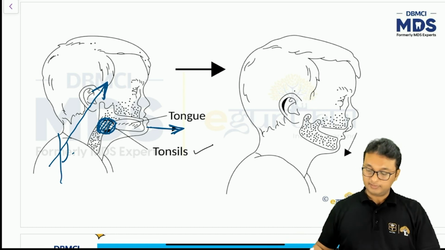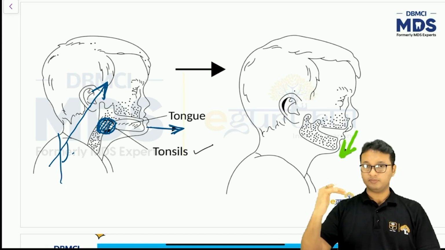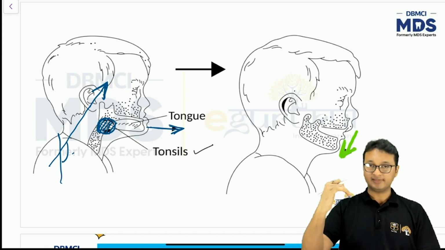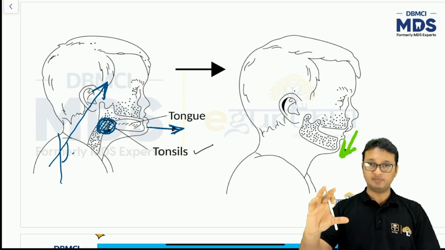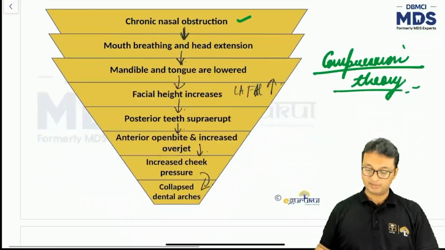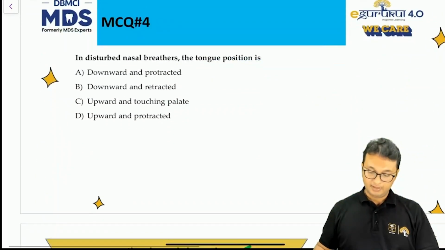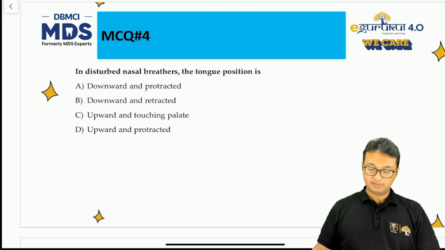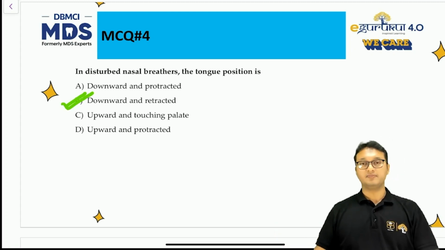Because of this, the mandible has a tendency of going downward and backward. That increases the lower anterior facial height, and all the results we have seen in this particular slide. So in disturbed nasal breathers, the tongue position is downward and retracted.